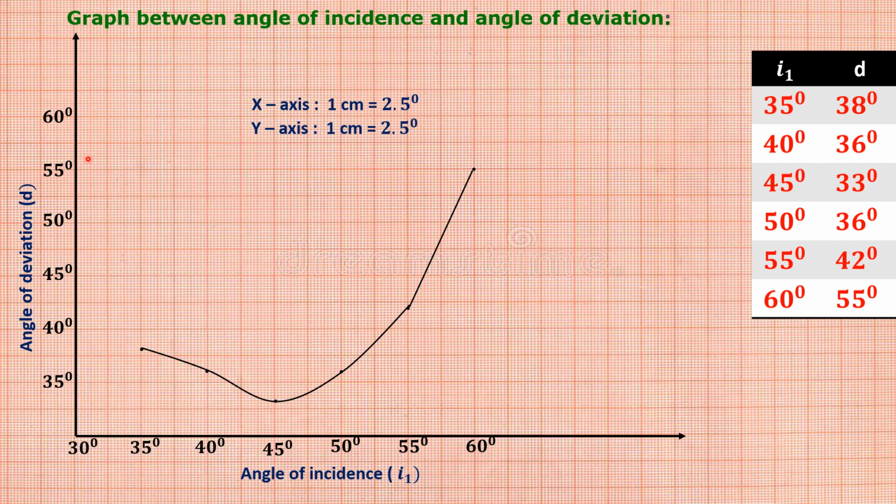Wherever that horizontal line meets the y-axis, that angle of deviation is nothing but the angle of minimum deviation. So we have to draw a line parallel to the x-axis like this from the lowest point on the graph. Here I am drawing a parallel line like this from the lowest point.